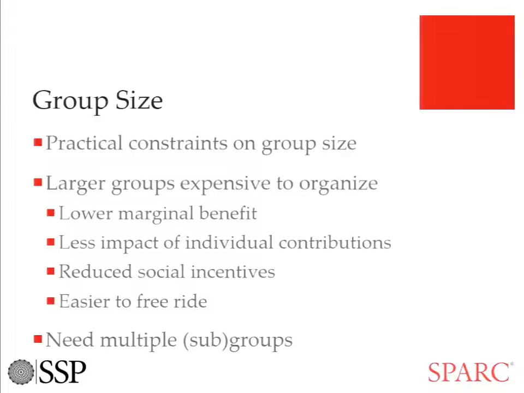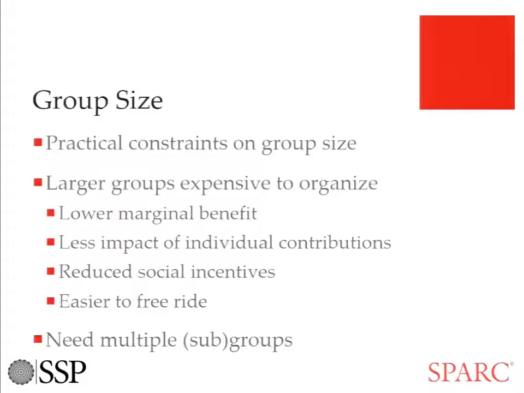But it doesn't work that way, because the larger the group gets, the less the marginal benefit to each participant, the less noticeable the contributions are, and this makes it easier for an institution to free ride, where their contribution isn't really seen, so they can kind of shirk, for lack of a better term.